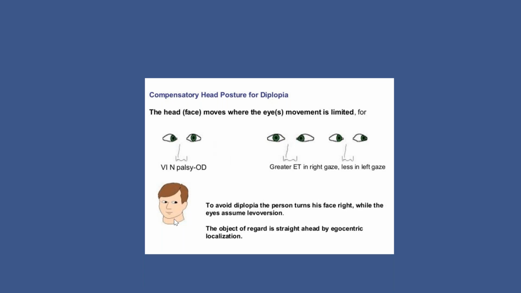Now when he has obtained this abnormal head position, both the eyes are in levoversion. So now he is able to maintain foveal fixation of images from both the eyes. Do you understand how a compensatory head posture is attained?